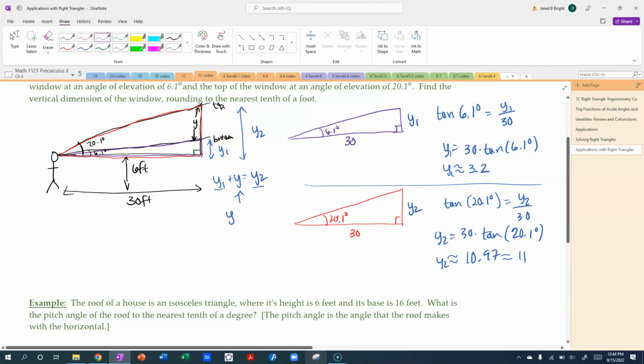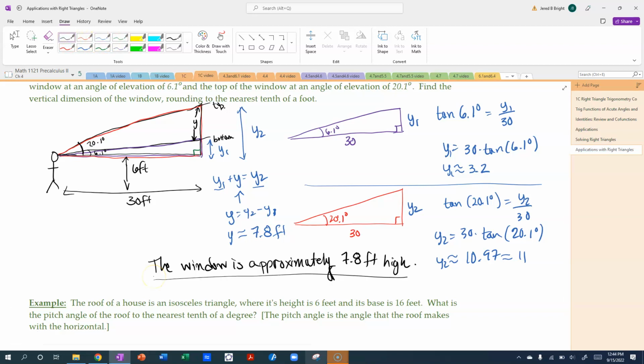So if you take their difference, y is going to be y2 minus y1. So y is approximately 11 minus 3.2, or 7.8. I would make sure to write a sentence: the window is approximately 7.8 feet high, just to wrap things up.